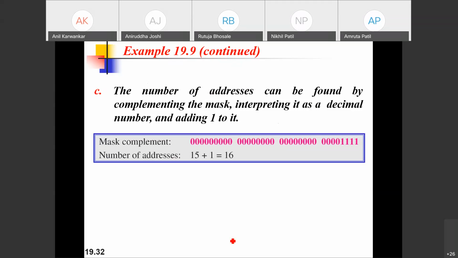Take the complement of the mask entirely, then convert that into a decimal number and just add 1 to it. That will give you the answer. Try it for 255.255.255.240.